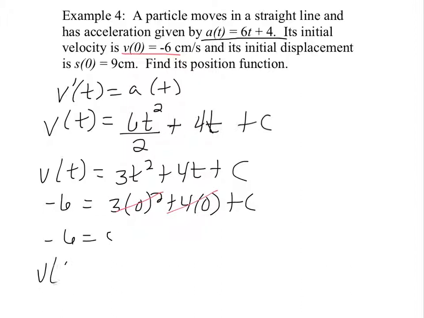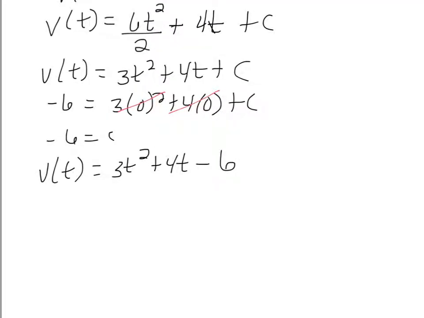Therefore, my velocity function's equation is 3t squared plus 4t plus, well, we probably would rather have -6. Right, but we didn't need to find the velocity. We need to find the position.